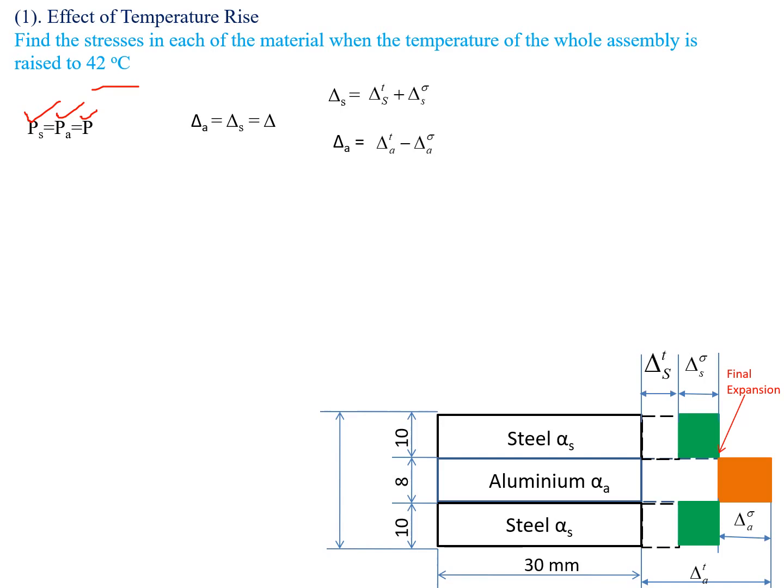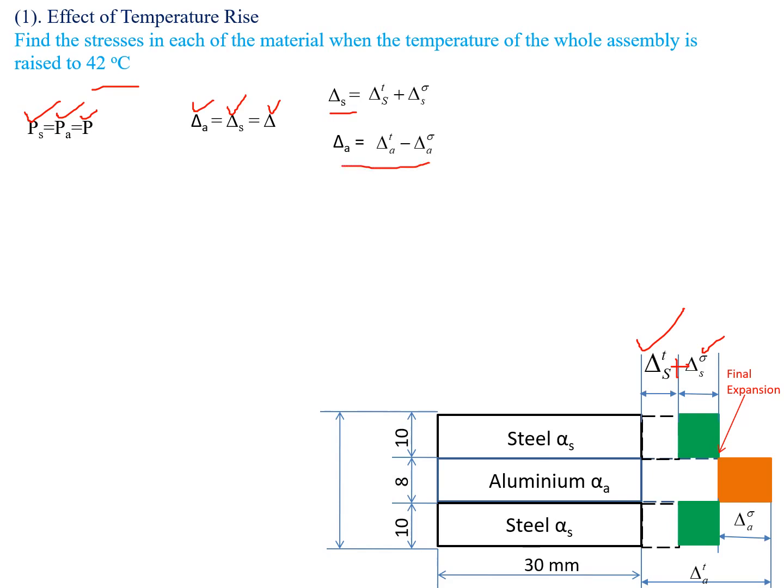Similarly, the final expansion in the aluminium equals the final expansion of the steel. Let us consider that as delta. Also, from the diagram, the final expansion of the steel is delta ST plus delta S sigma, which means expansion of the steel due to the temperature rise plus expansion of the steel due to the tensile forces.